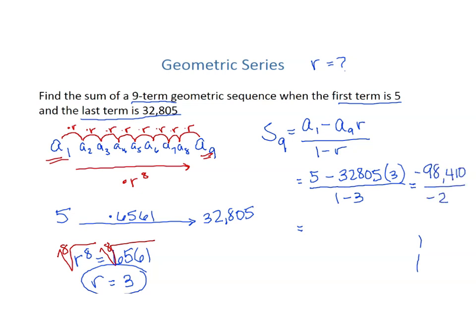And now I'm going to divide that by negative 2. And I get 49,205. So there's my sum. I was able to use this formula because I had the first and last terms, but I needed to find r. And you have to find r to use either formula. So even if I was using the other formula, I'd still have to go through this step of finding r.